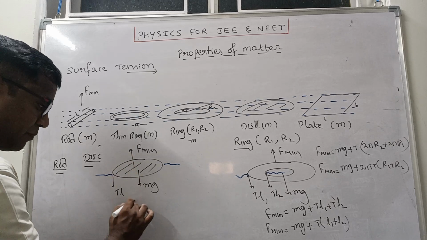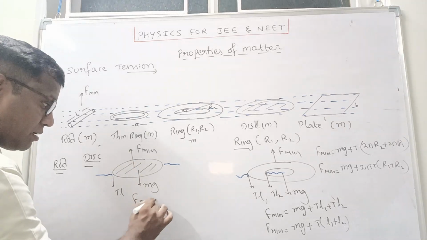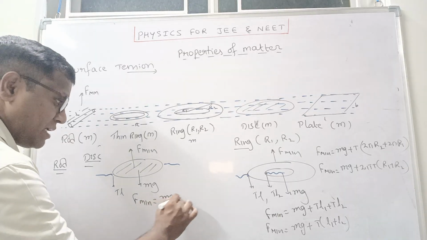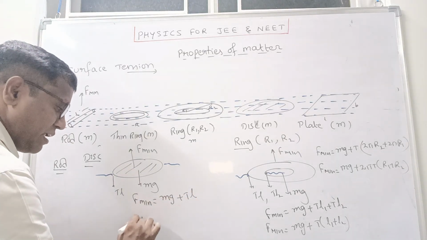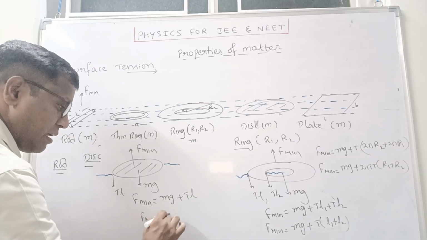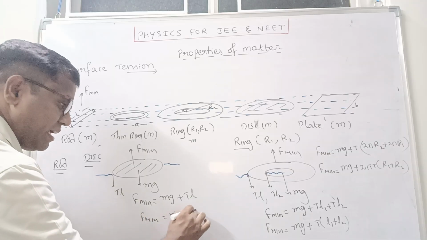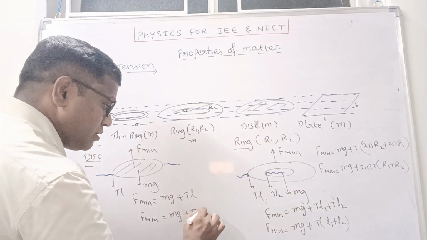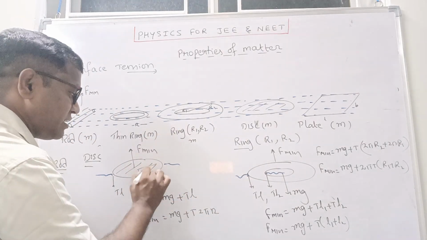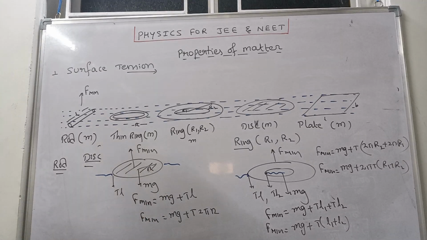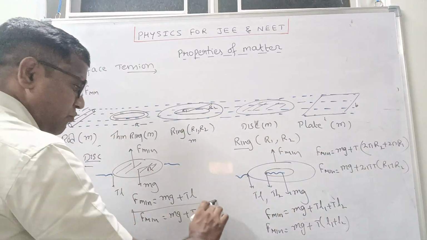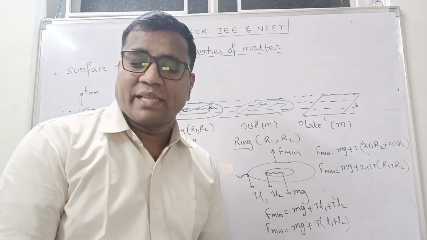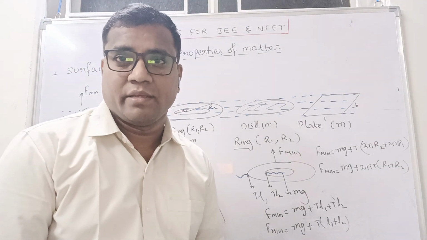So F minimum can be written as mg plus TL. So F minimum is mg plus T, where L is nothing but the circumference, which is 2 pi R, where R is the radius. So this is the minimum force required to lift the disc of mass m and radius r.